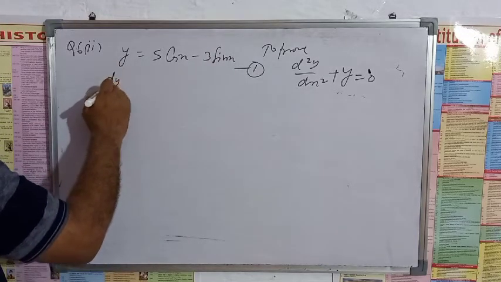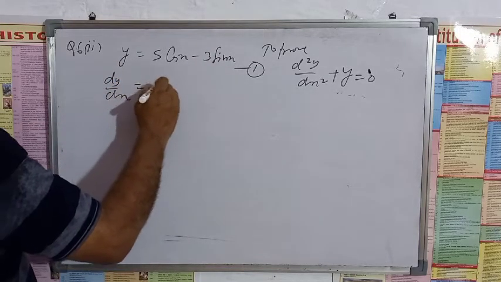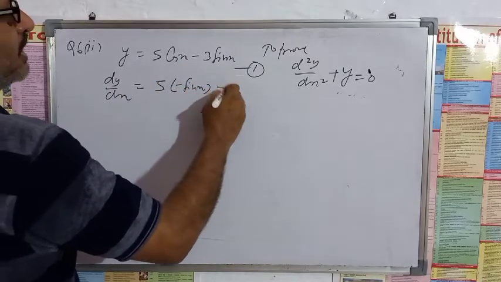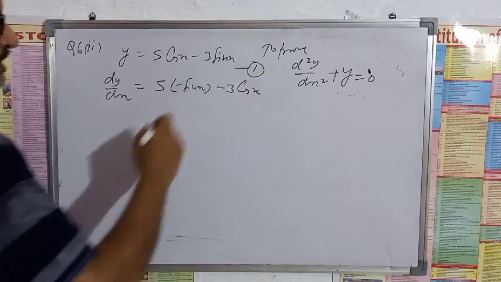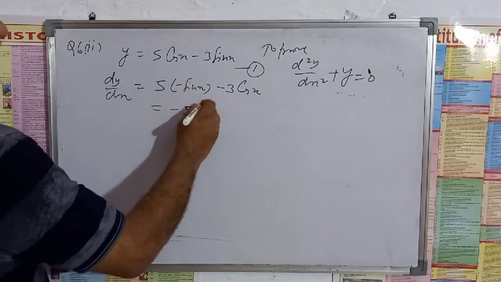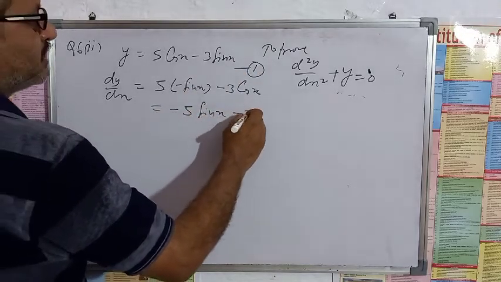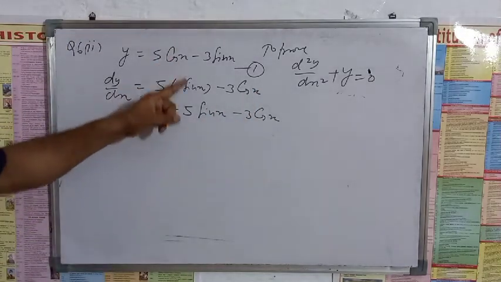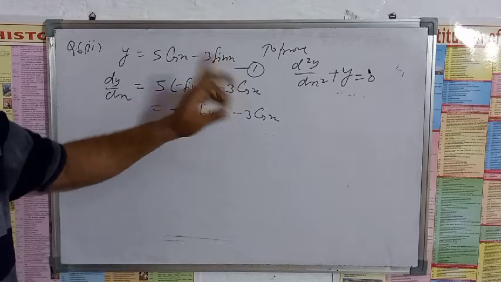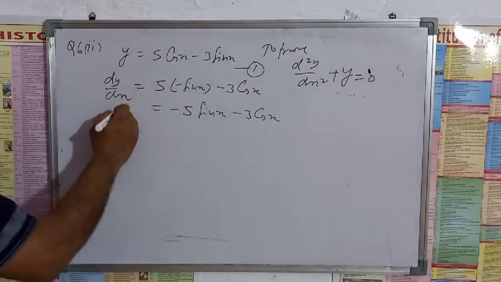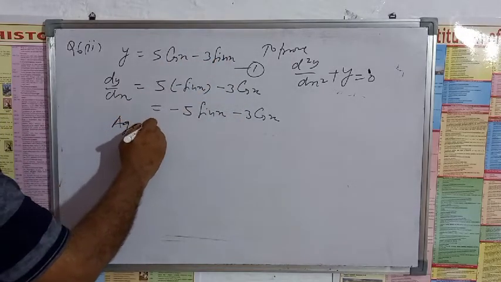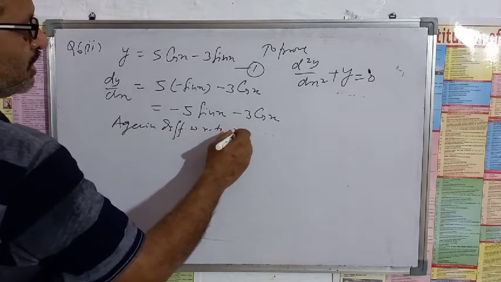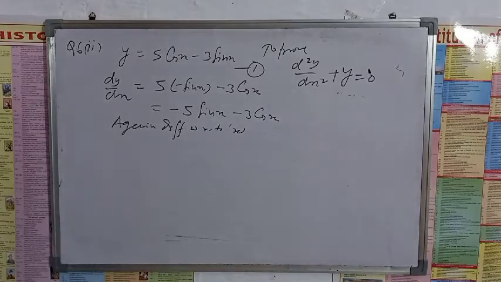Differentiate it. dy by dx: 5 cos x derivative is minus sin x, and cos x derivative is minus sin x. So it is minus 5 sin x minus 3 cos x. Again differentiating with respect to x.